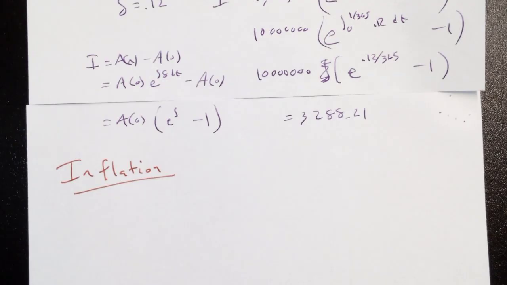I mean, we can get a formal definition, but we can also get a practical definition. What does it mean if I say inflation is 2% this month? The price of things is going up, approximately 2%, right?